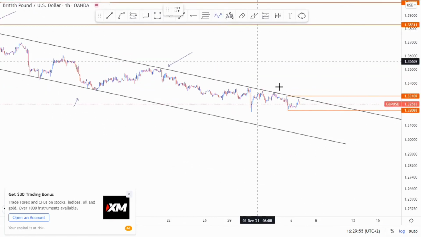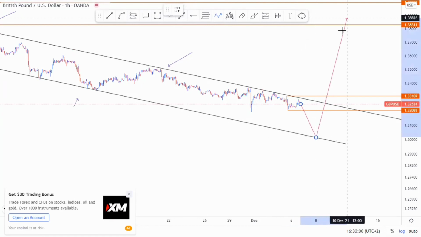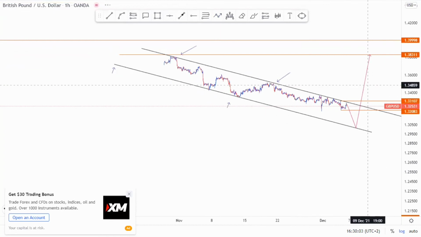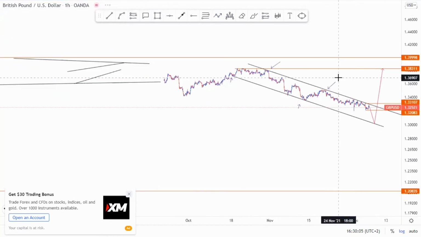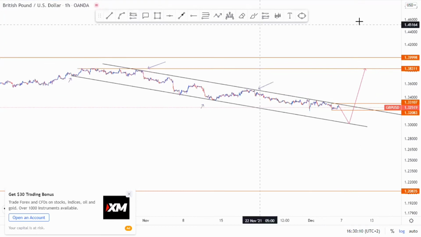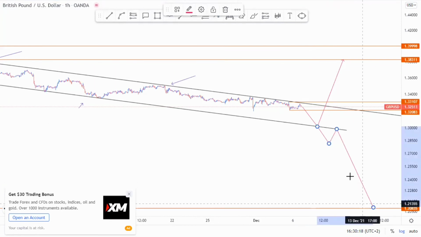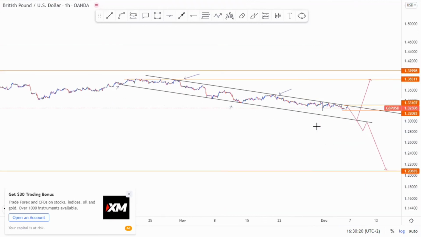I'm expecting this is my high probability setup, something like this. That is what I expect for now on GBPUSD according to my analysis. But remember, this can also happen. It's possible because we are in a downtrend and the momentum is to the downside.